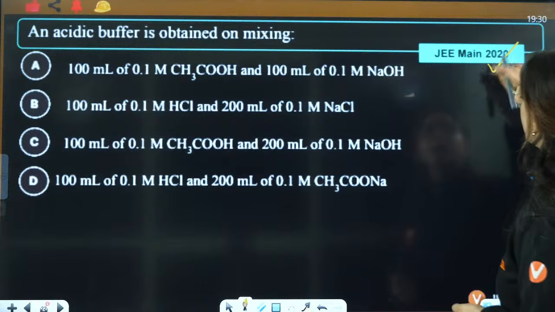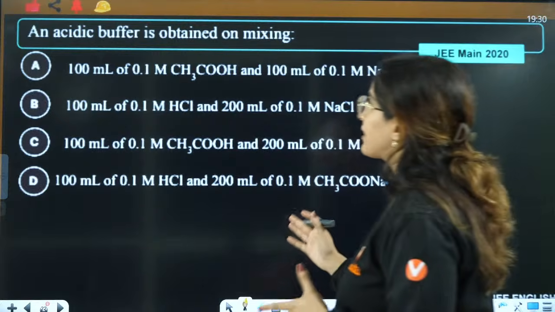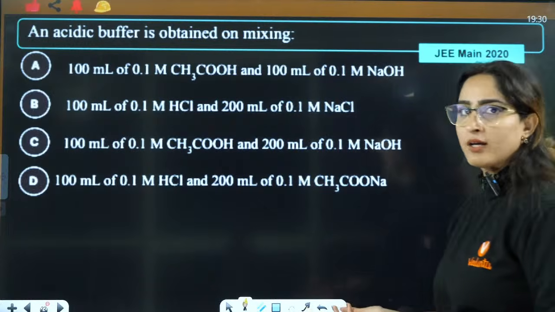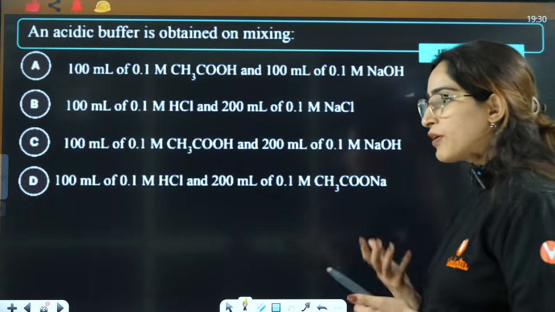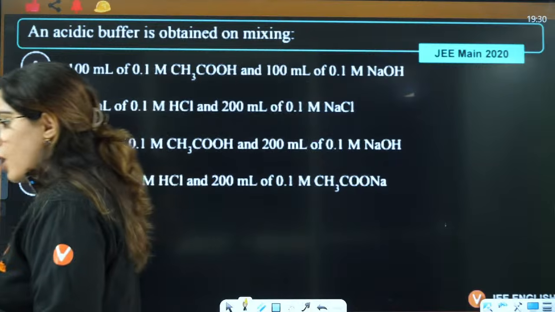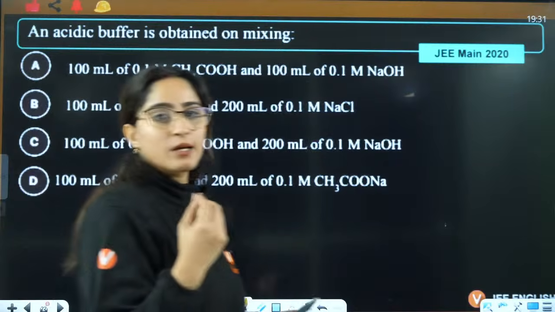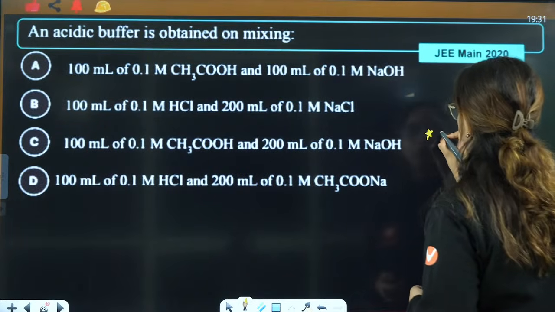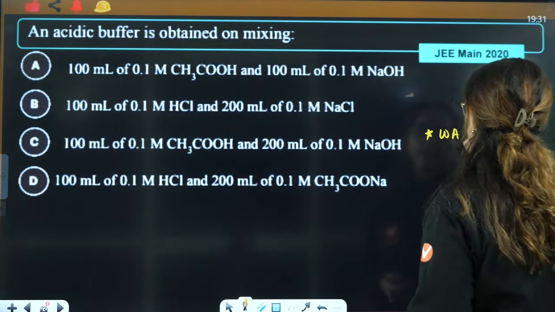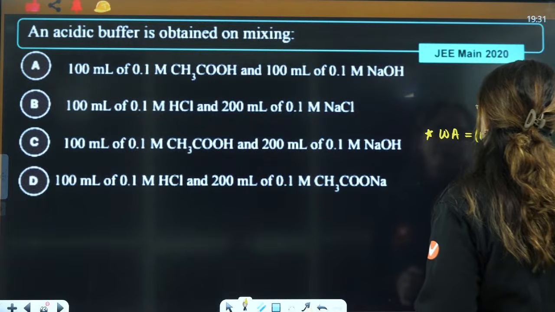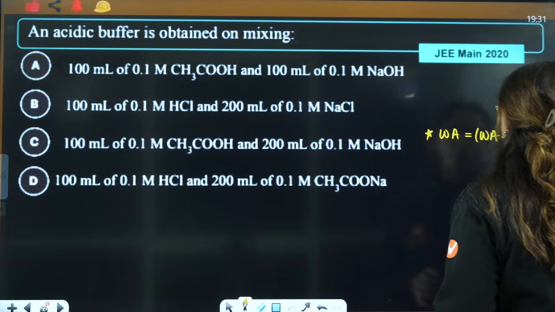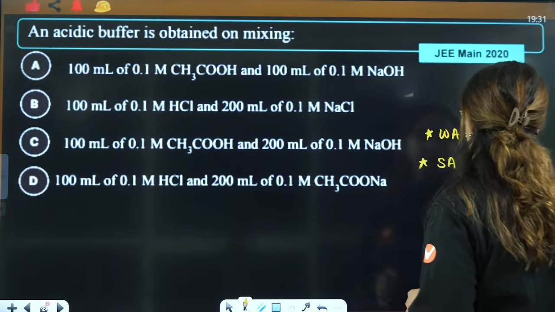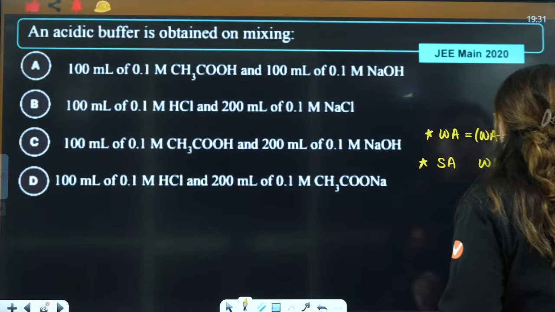JEE 2020 as well, they are asking the same category of question, that is, an acidic buffer is obtained on mixing what? Now, in an acidic buffer, what is the condition? Tell me. What is the condition of an acidic buffer? First, you should have a weak acid along with a weak acid plus strong base salt, or you should have a strong acid and a weak acid plus strong base salt.